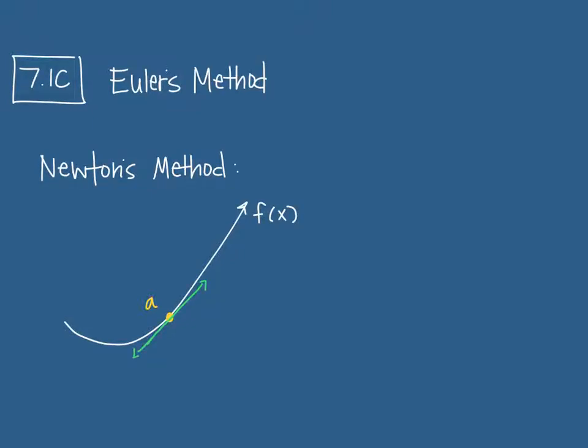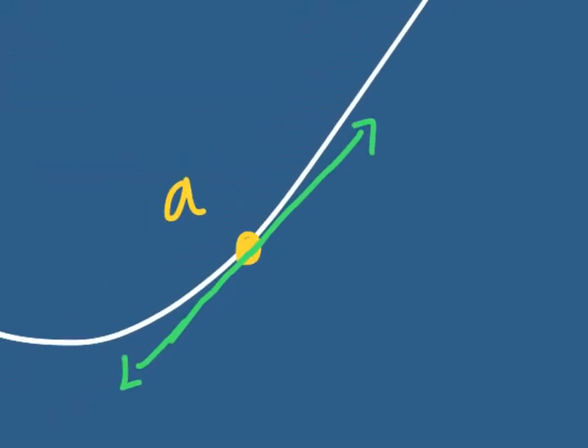And Newton's argument was, basically, my line is just as good as the curve for a small little section.